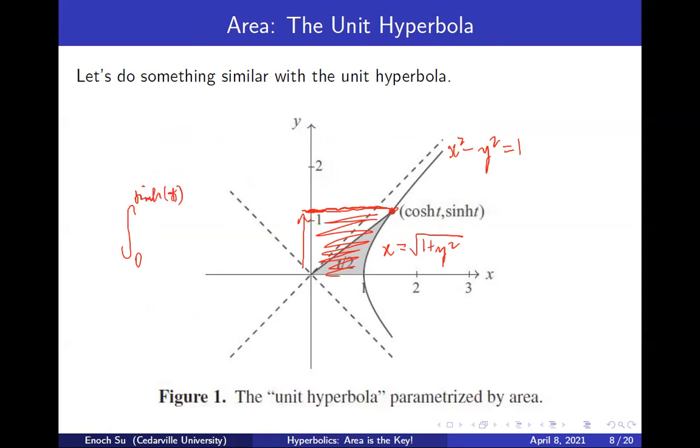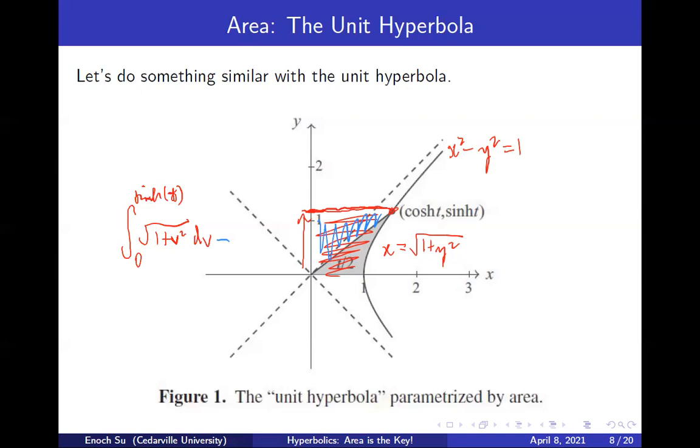And it's probably not good form to use x here. So it would be the integral of the square root of 1 plus b squared db. But then if you want to get rid of this junk right here, you have to subtract off the area of that triangle, which has height sinh t and base length cosh t.